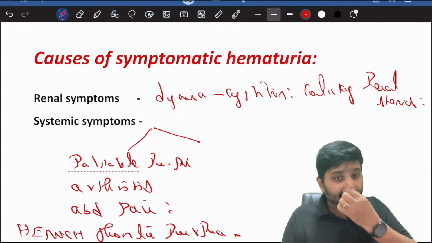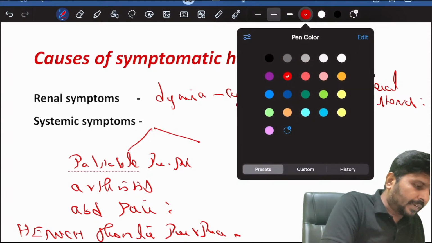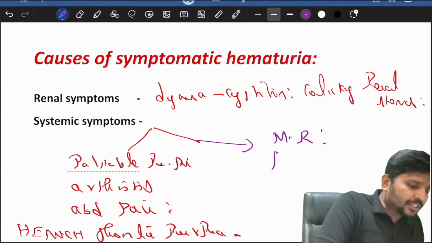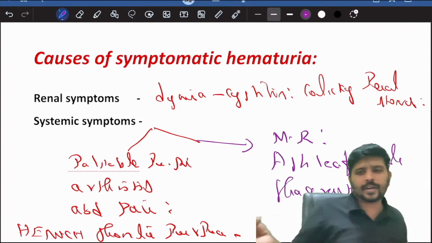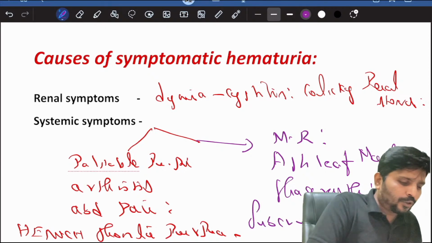Whereas when it is associated with mental retardation and ash leaf macules, what is the answer? Tuberous sclerosis.